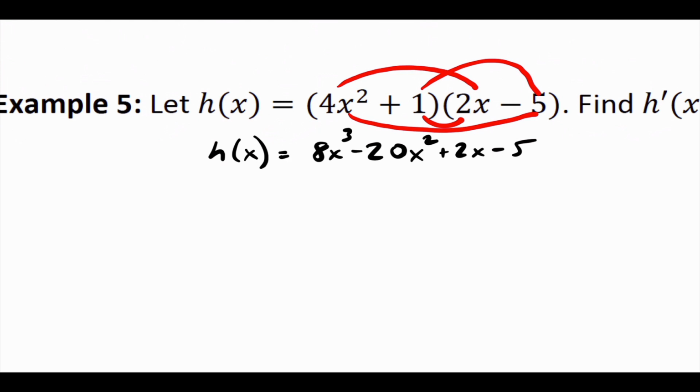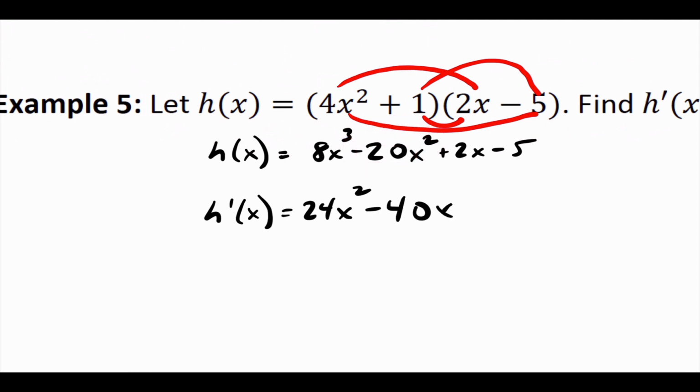So now we can use the power rule. No more multiplication. It's just the power rule now. So 3 times 8 is 24. Subtract 1 power. 2 times negative 20 is negative 40.